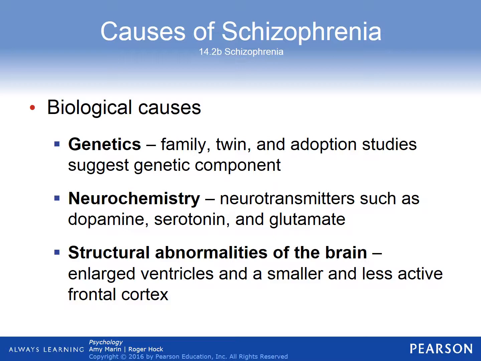All right, this is where we're going to go into the causes of schizophrenia, and you'll see that the biological is heavier here. But again, we should be able to apply the whole biopsychosocial approach to all of these disorders. Biological: genetics is huge. Family, twin, and adoption studies suggest a genetic component, so even twins raised apart often will both develop schizophrenia.